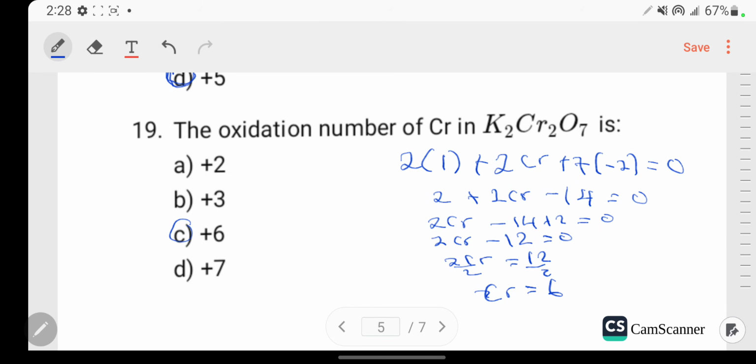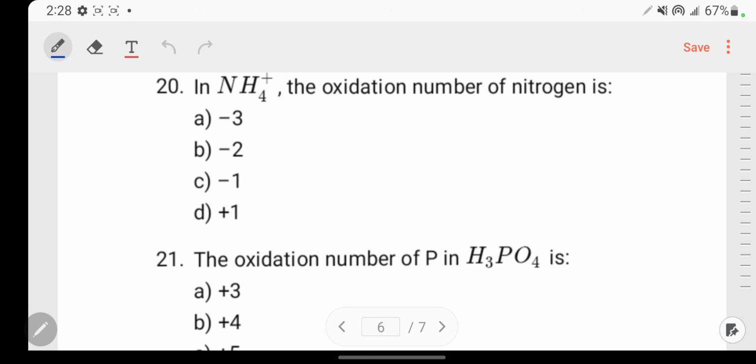Moving on to question 2. We are asked, in ammonium ion, the oxidation number of nitrogen is. The sum of all the charges in a charged compound is equal to the charge on that compound. So for this one, we want the charge of nitrogen.